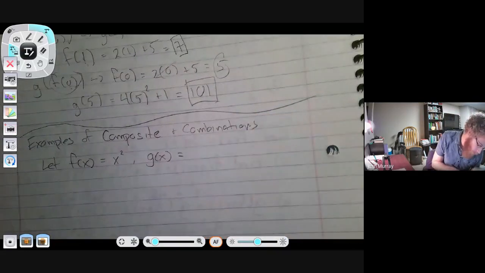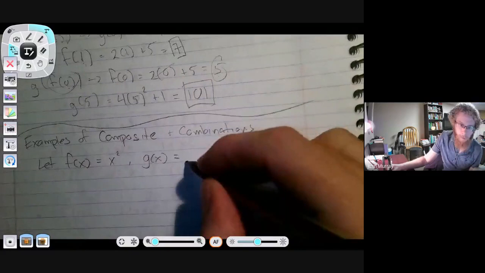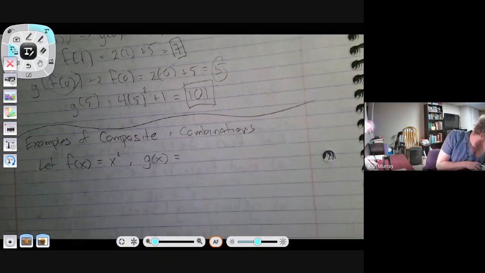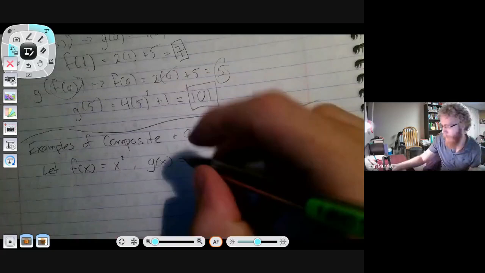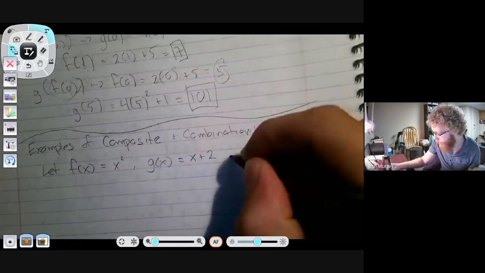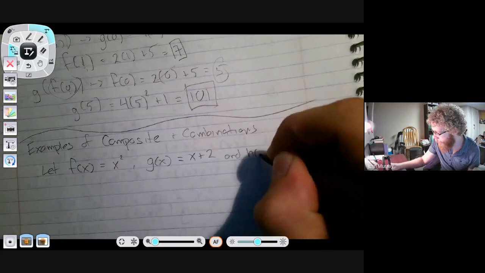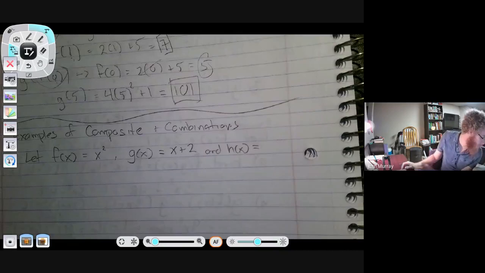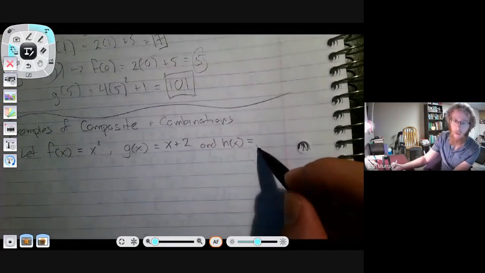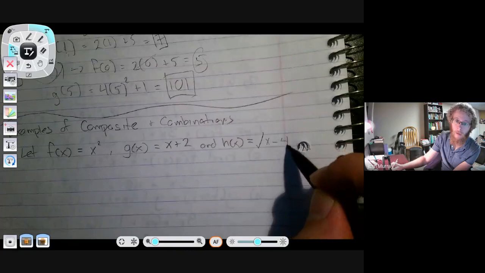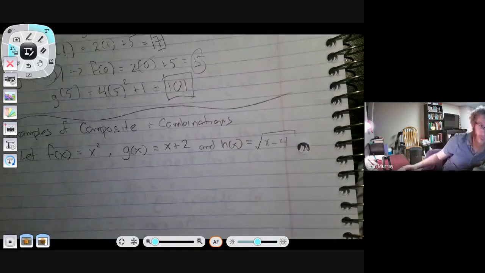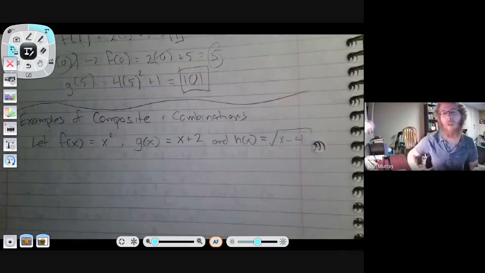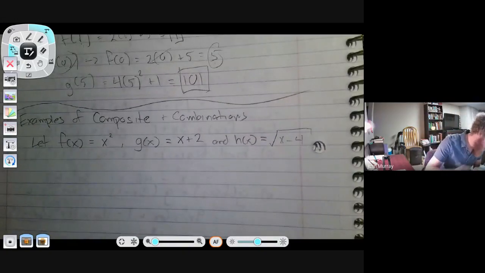So we have x squared, x plus 2, and then let's do square root of x minus 4. Okay, so here we have three functions, and we're going to be doing a whole bunch of stuff with those.